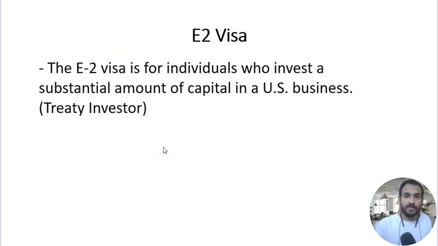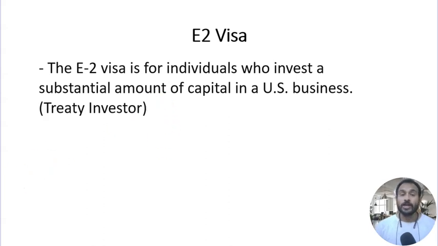All of a sudden, if there is a company and you or I from India go there and ask for the E2 visa, it is not going to work. We have to invest in that business and show that we are from a country that has the treaty agreement of commerce and navigation. Then only can we get permission for E2. This is also for 2 years and it can be extended at any point of time.